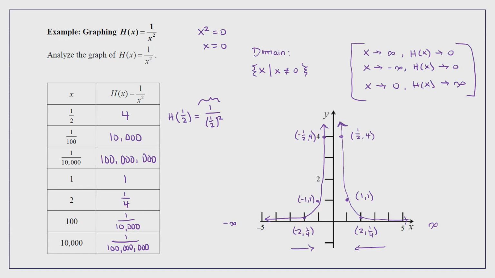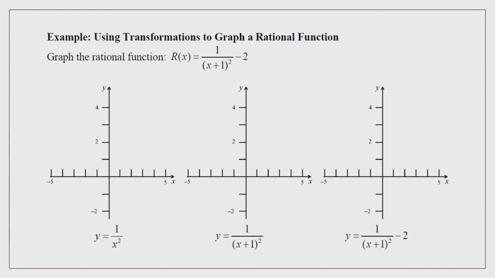Okay. All right, so now we're going to use transformations to graph a rational function. So we're going to first start off with our original function, y equals 1 divided by x squared, and then apply transformations in order to get our rational function r of x. Okay.